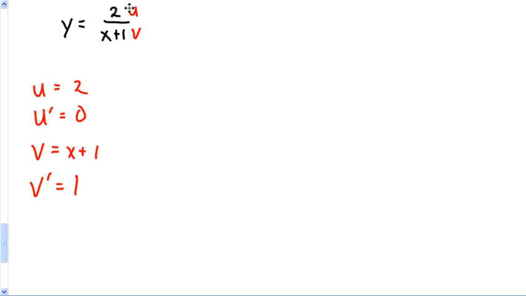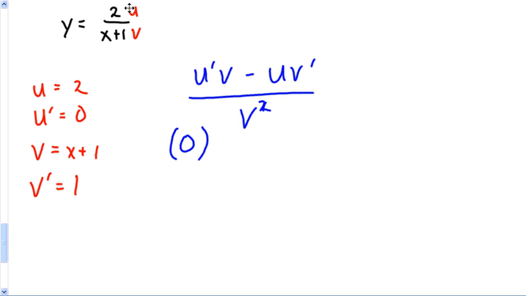So now we'll do our quotient rule. The quotient rule says u prime v minus u v prime over v squared. Oops, v squared, not v prime. All right, let's plug in our numbers. This would be 0 times x plus 1, which there's no sense in even writing, but I will. So it'll all be 0, minus u, which is 2, times v prime.